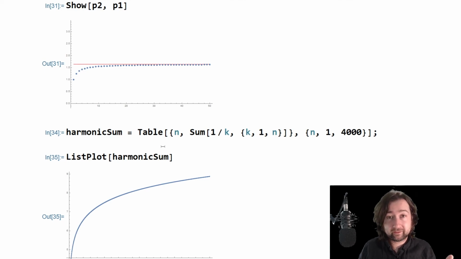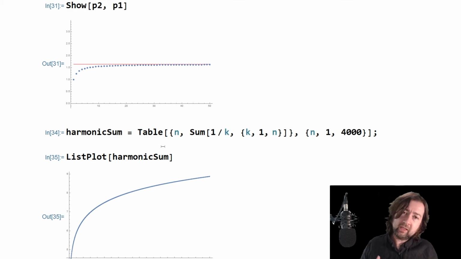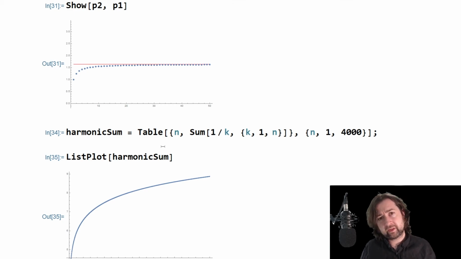This is all heuristic evidence for the divergence of the harmonic series or the convergence of the reciprocal of the squares. But in mathematics or engineering or physics or computer science, if you have a problem that you don't understand asymptotically, it's better to start with evidence of what you think is going to happen and then work towards that answer, rather than starting blind and having no idea where to proceed.